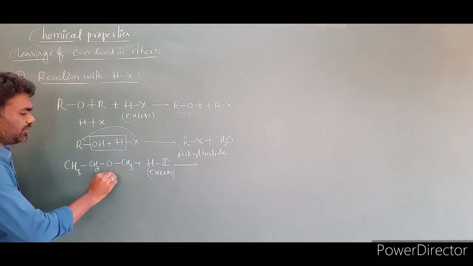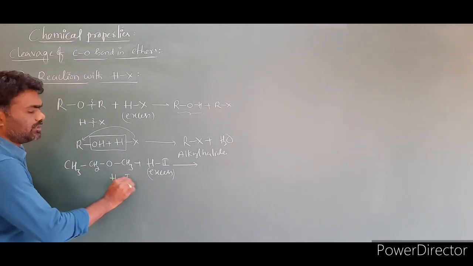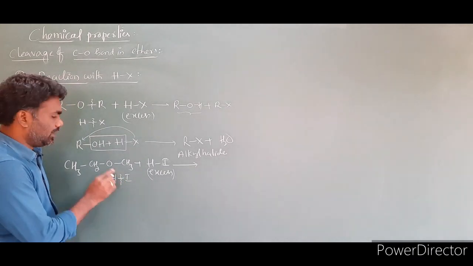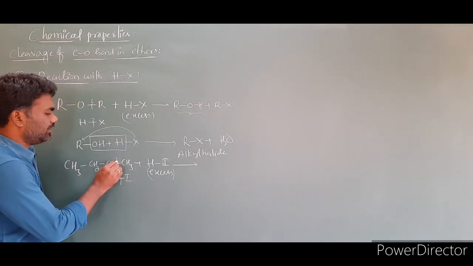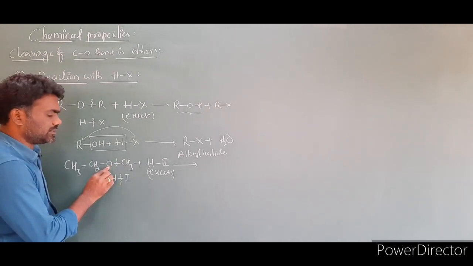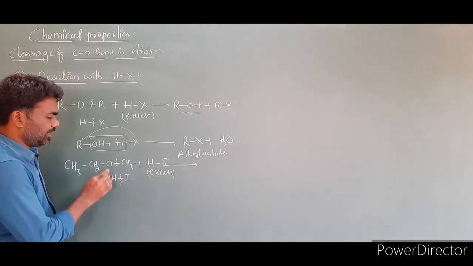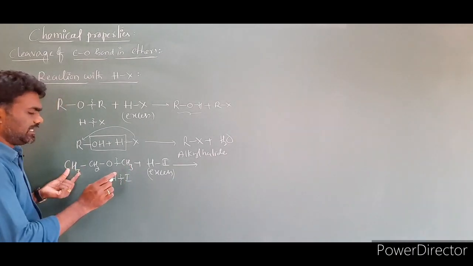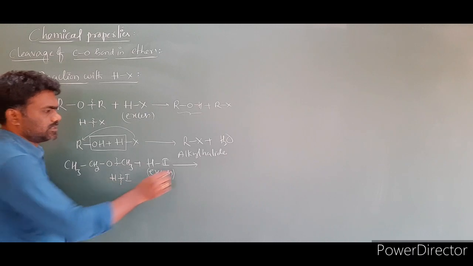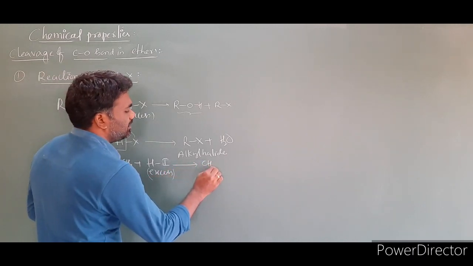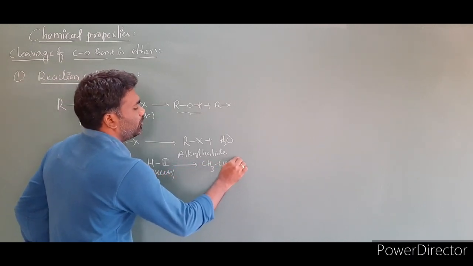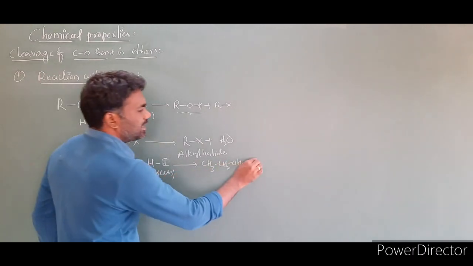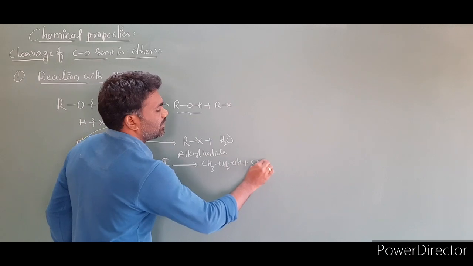Here we have to take this H and I. We have to break the bond between hydrogen and halogen, and we have to break the bond between this CH3 and oxygen. Then hydrogen attaches to this oxygen, iodine attaches to this methyl group. Then the product is CH3CH2OH plus CH3I.